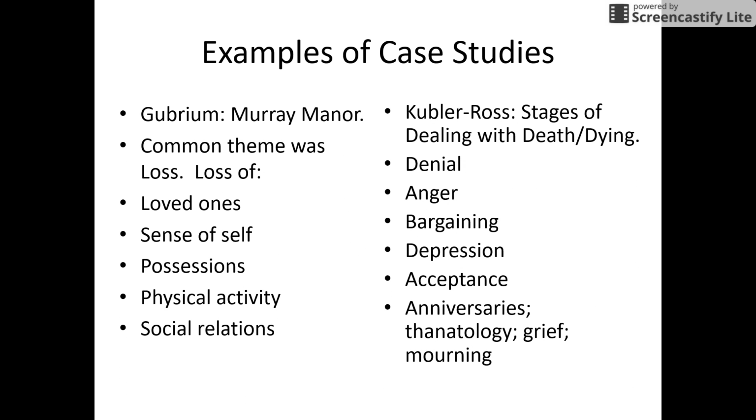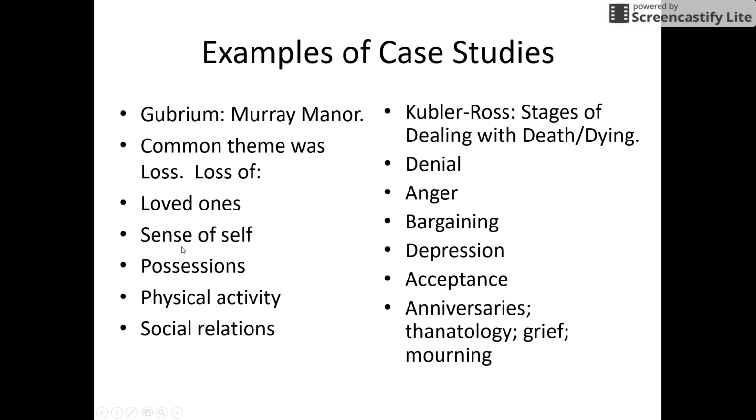Here are some examples. These are very famous examples. Gubrium was the author. Living and Dying in Murray Manor is the name of the book. It's a real place, but a fictitious name. So what Gubrium studied was individuals who lived in this nursing home. And the common theme he found when he observed and interviewed these individuals was loss.